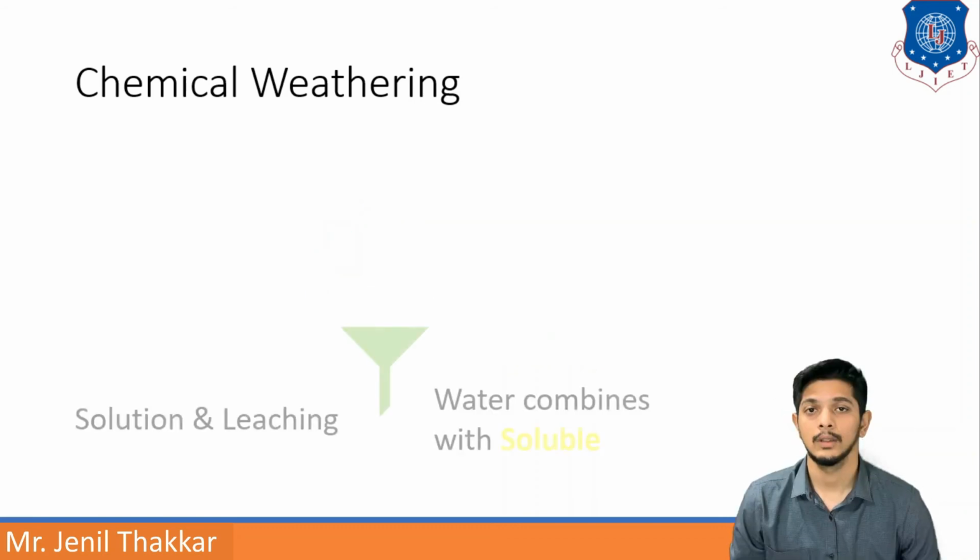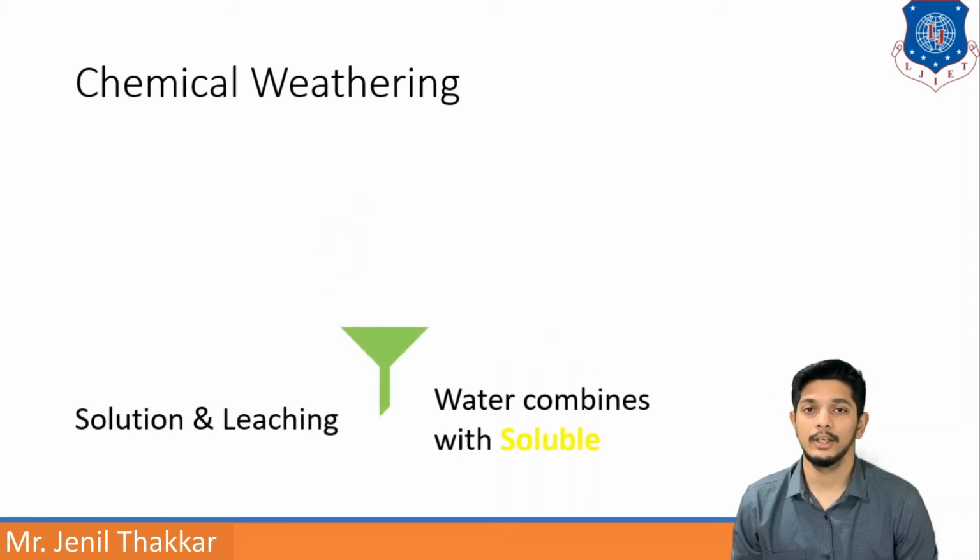Same way, solution and leaching. In this, water combines with solubles which can be dissolved in the water. Now by combining with solubles, the process takes place, that is solution and leaching.